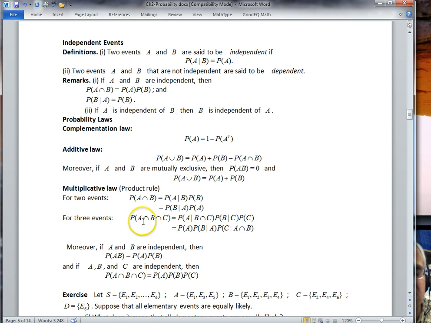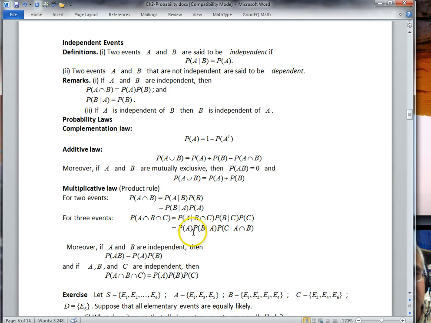It's more interesting when you go to 3 events, because the probability is an extension of this, because now I can write the probability of A intersection B intersection C as P of A given B intersection C times P of B given C times P of C. Or you can do it starting with A and then conditioning in the other direction.